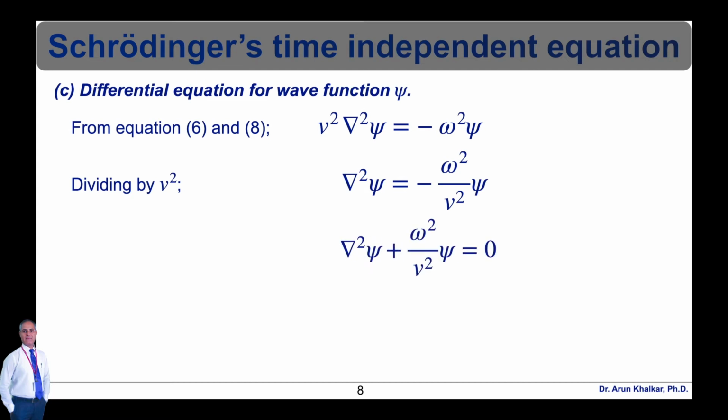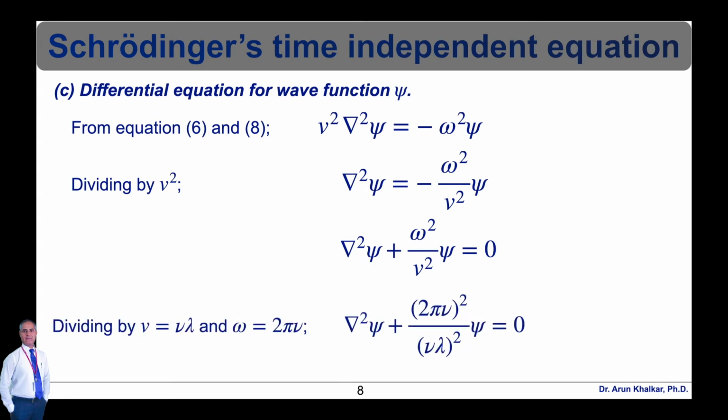Rearranging this equation, we can write ∇²ψ + ω²/v² × ψ = 0. Now, substituting v = νλ and ω = 2πν, we can write this equation as ∇²ψ + (2πν)²/(νλ)² × ψ = 0. So by simply putting the values of v and ω, we get this equation.